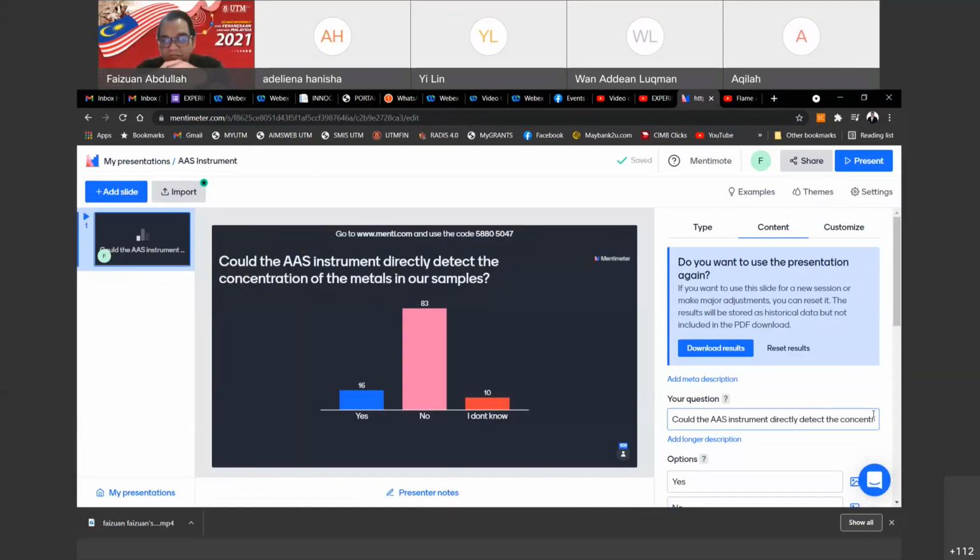The instrument only gives the information in the display system: this is the absorbance of the energy. The instrument cannot tell us the concentration of the analyte.